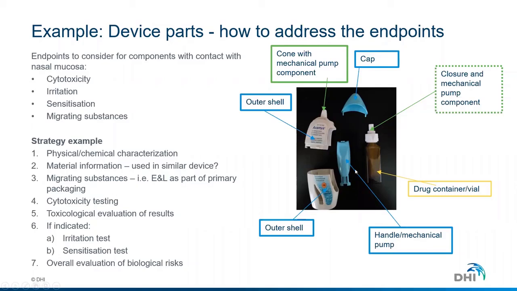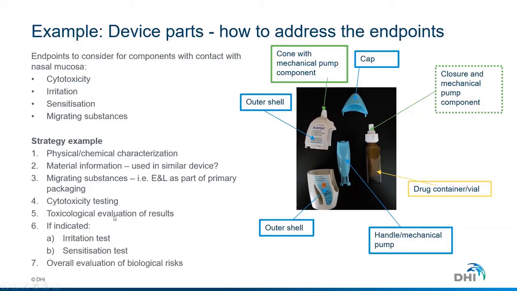Maybe you even do that for the closure and mechanical pump component, because it's part of your documentation as a primary packaging material for the pharmaceutical. Then you use that data. You may perform cytotoxicity testing on those components that are in contact with the nasal membrane. So that's the cone and the closure. And then you assess the results.